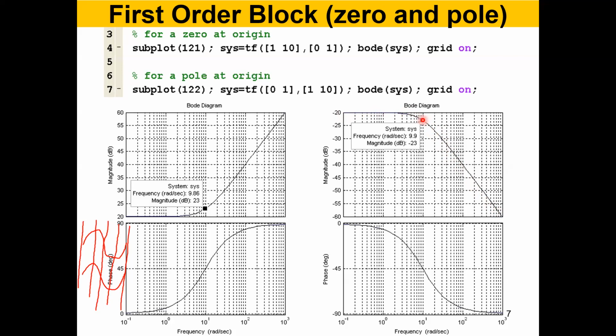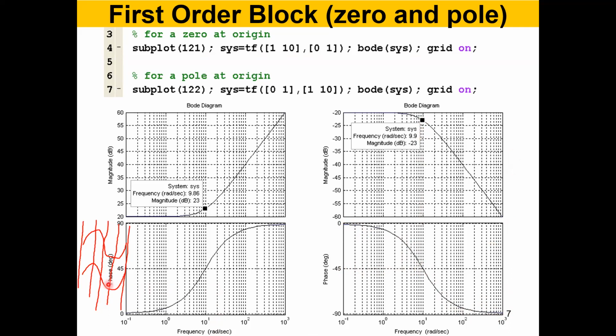And when you have exactly a 10 radians per second signal, you will have -20 minus another 3 dB. That is -23 dB gain. And at that frequency, the phase is exactly minus 45 degrees. For low frequencies, there's no phase difference, and for high frequencies, it will be minus 90-degree phase difference.